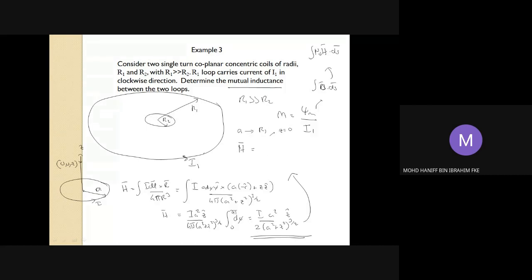When you substitute these into this equation, H should equal I R1 squared divided by 2, times R1 to the power of 3, direction of Z.